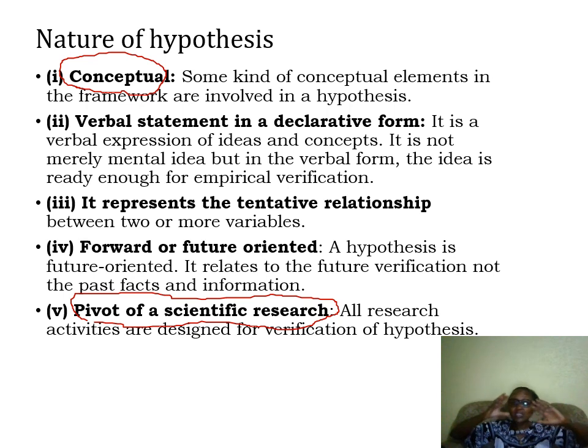It's the central part of the research. And one of the nice things about a hypothesis, in comparison to qualitative research and just looking at research questions, is that it's very, very specific. It guides a researcher on what you're looking for, a specific relationship, and you don't go outside of that.